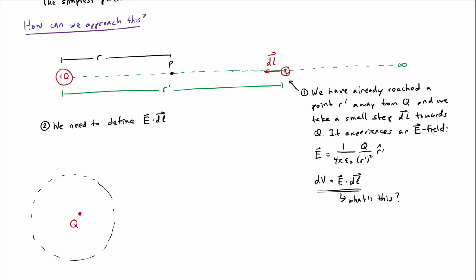We'll draw this as the first one, and then there's more and more radiating out like this. And let's say that I have my test charge that I want to start here at point A. And I want to move it over to point B somewhere over here.